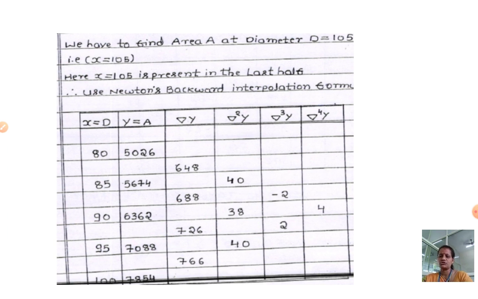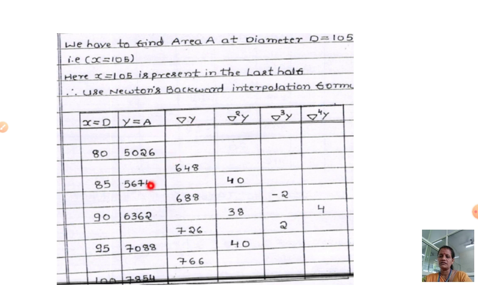So we can, as usual, form the table. The x values are 80, 85, 90, 95, 100, and the corresponding y values are 5026, 5674, 6362, 7088, 7854. These are the areas. Here it is backward, so we calculate del y.